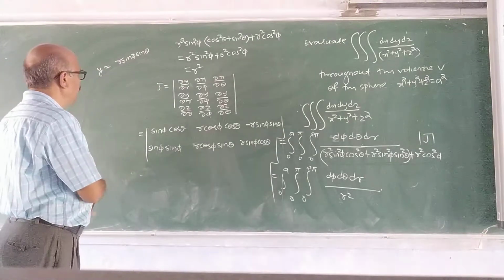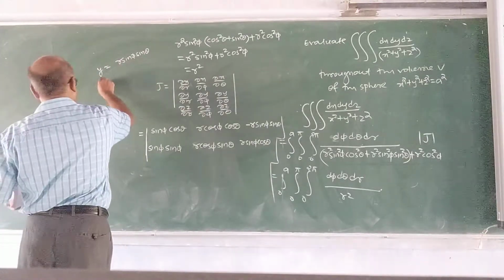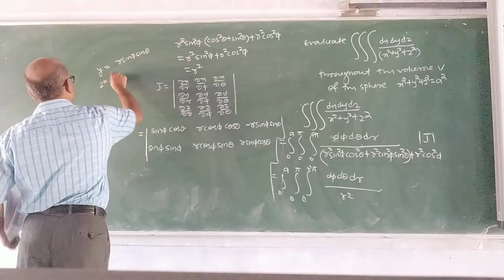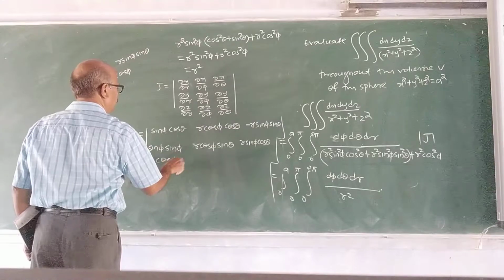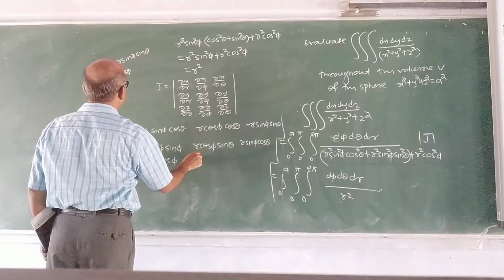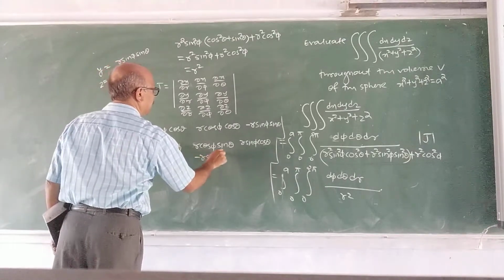And del z by del r, what is that? z is r cos phi. Del z by del r is cos phi. Del z by del phi is minus r sin phi.